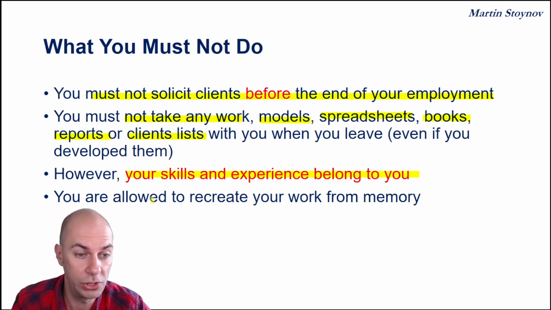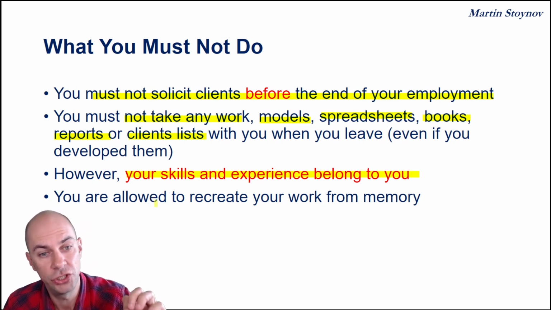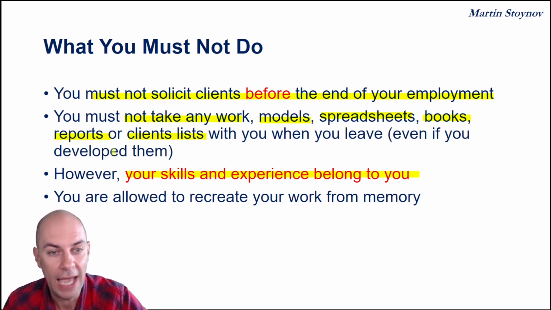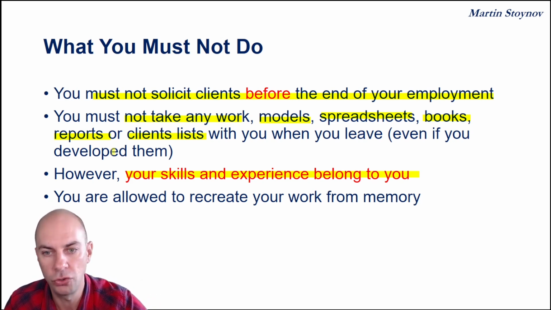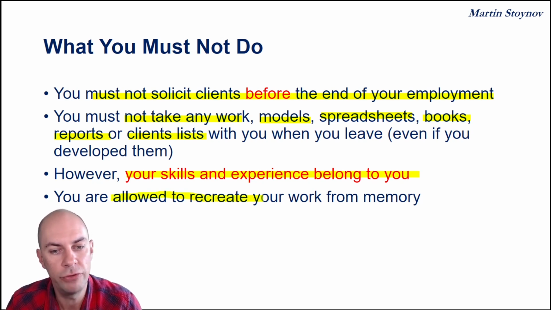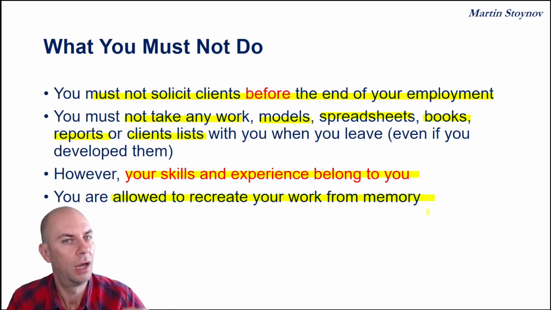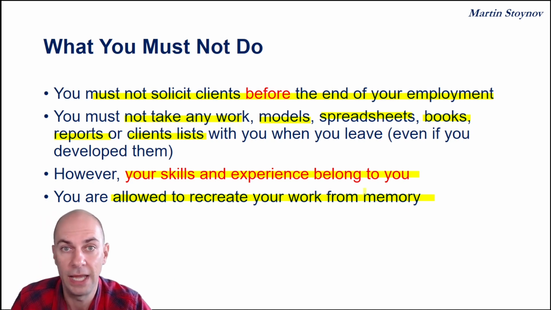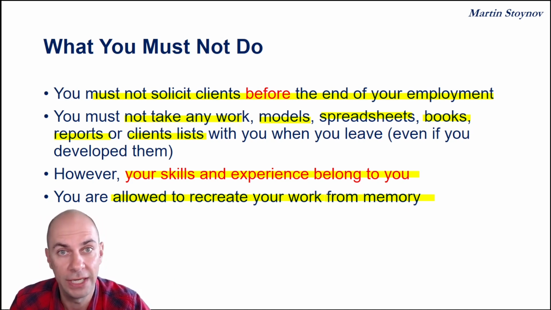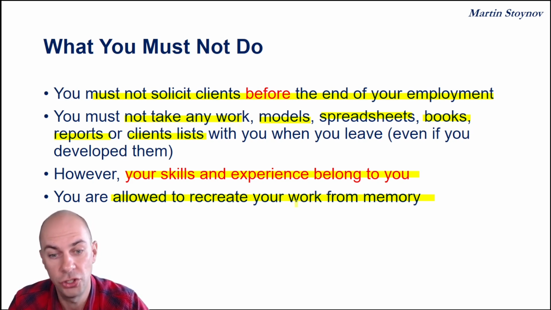Okay, and also, very key distinction, you were not allowed to take any client lists or any models, even if you developed them, but you are allowed to recreate your work from memory. Also, if you know the names of clients, or any sort of other information that is in your head, that's not privileged information.